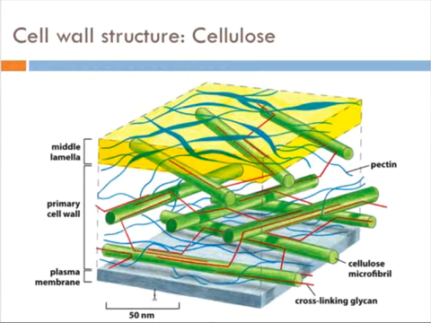We also have pectin, which are the blue guys in here, that are basically going to provide some resistance to compression. So we don't want to be able to compress the cell wall, and so the pectin component is going to give us a resistance to compression.